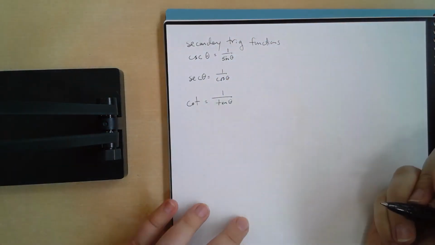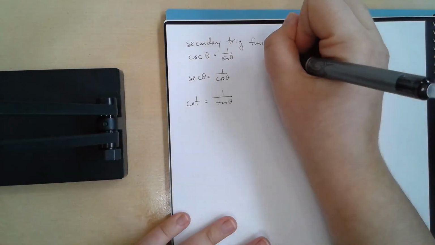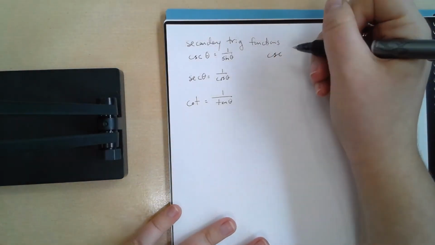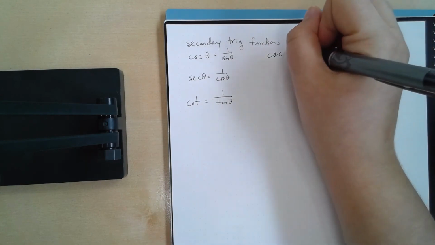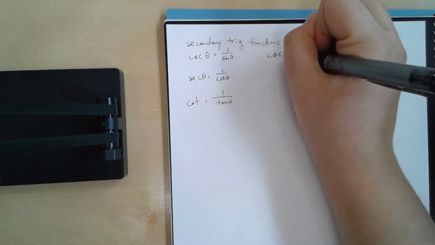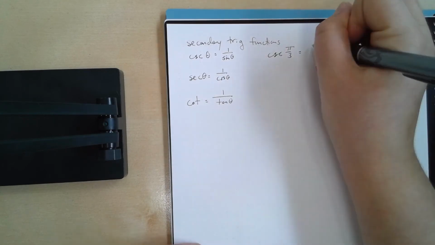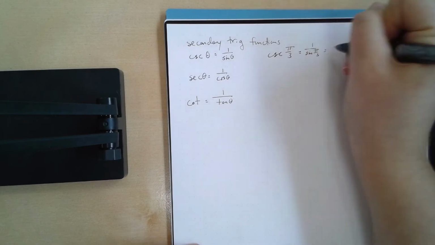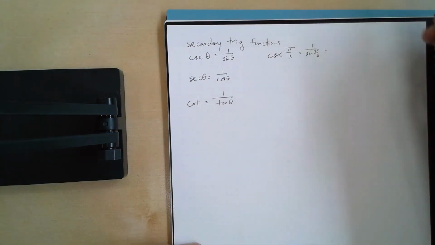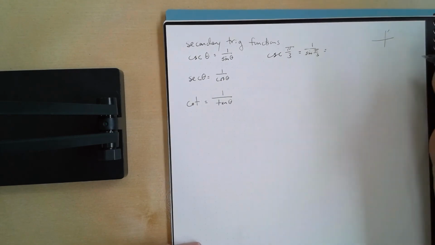Easy enough. So if we were asked to find cosecant of, let's say, pi over 3, well, that's going to be equal to 1 over the sine of pi over 3. And sine of pi over 3, remember with our unit circle, pi over 3 is right here.